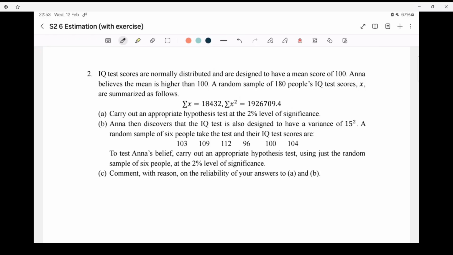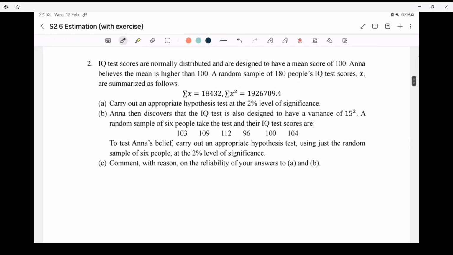Then based on whether this is a one-tail or two-tail test, you calculate accordingly the probability. Finally, you compare the answer of your probability with your significance level and see whether or not you should accept your null hypothesis. So let's look at this particular question.